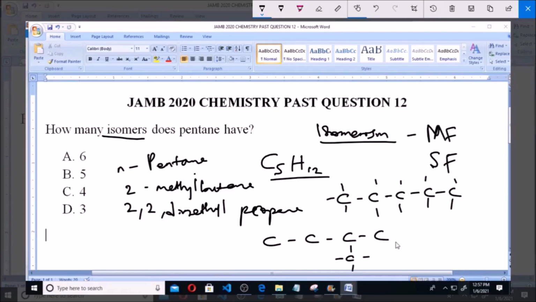And for 2,2-dimethylpropane, we have C, C, C, with two methyl groups on the middle carbon. So you can see that they have the same molecular formula but different structural formulas. So the answer to this question is option D. Pentane has 3 isomers, butane has 2 isomers, and so on for hexane and the rest.